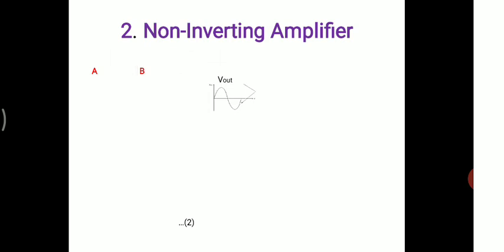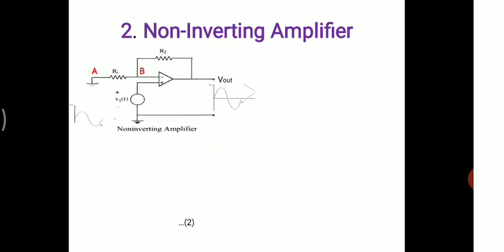Then if we apply the input voltage as a sine wave to the non-inverting terminal of the op amp, we will get the same output with the same phase. There is no inversion between output and input.